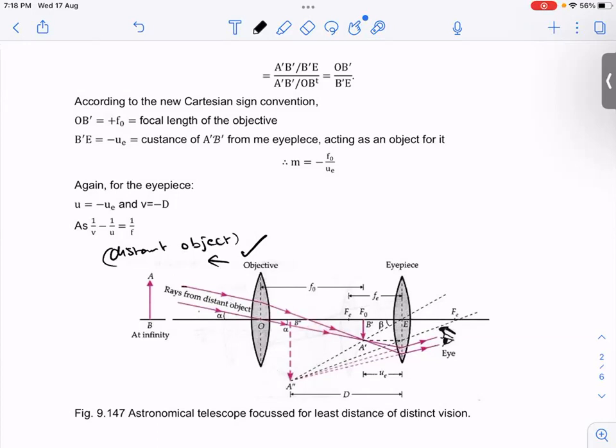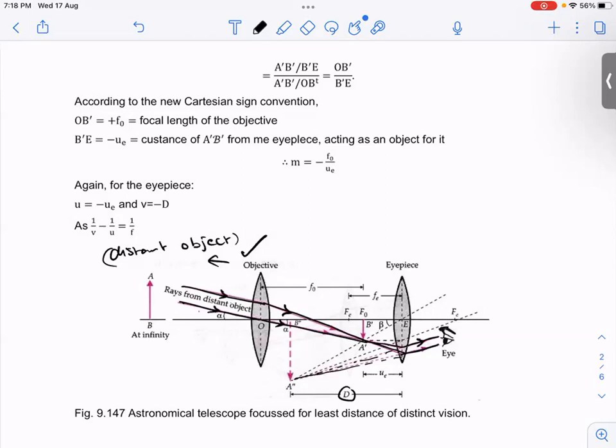So the ray comes from the distant object like this, and after undergoing refractions, the final image is formed at a distance D, which is the least distance of distinct vision.